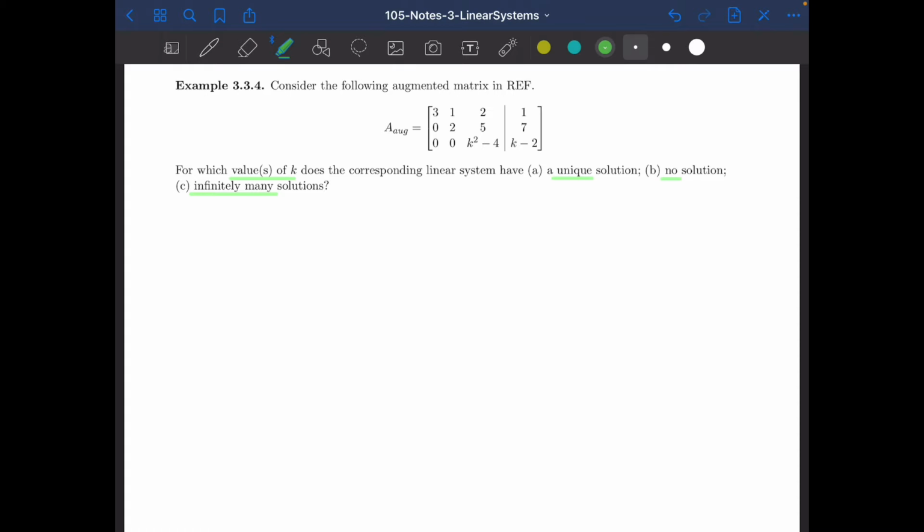In order to determine the number of solutions of the corresponding system, we know that we want to compare the rank of the augmented matrix, the rank of the coefficient matrix, and the number of variables.